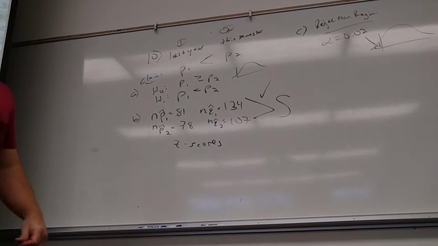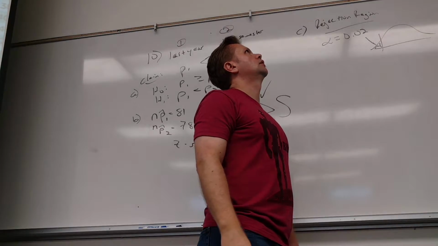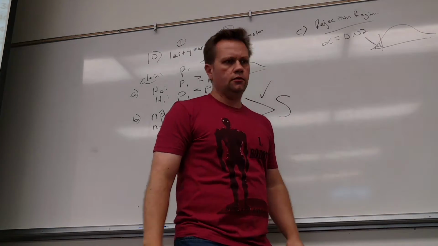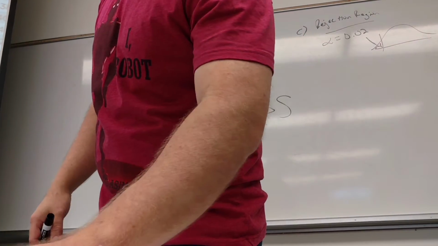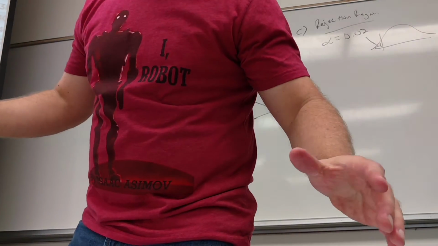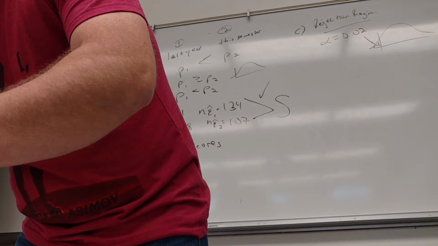Well, let's see, what should it be? I can't remember what this should be. I don't have any z-score charts. So what are you guys looking up to find this?